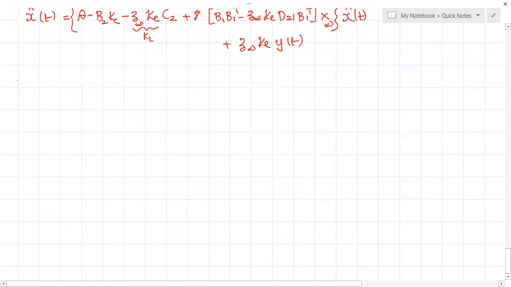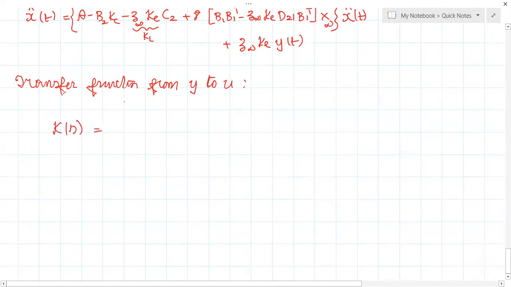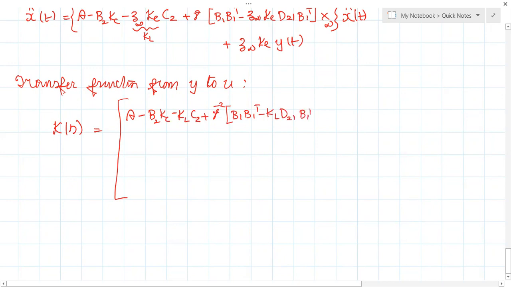Okay, so the transfer function from Y to U will be what? This is the final gain. You will get A minus B2 Kc minus KL C2 plus gamma raised to minus 2 into B1 transpose minus KL D21 B1 transpose into X infinity.